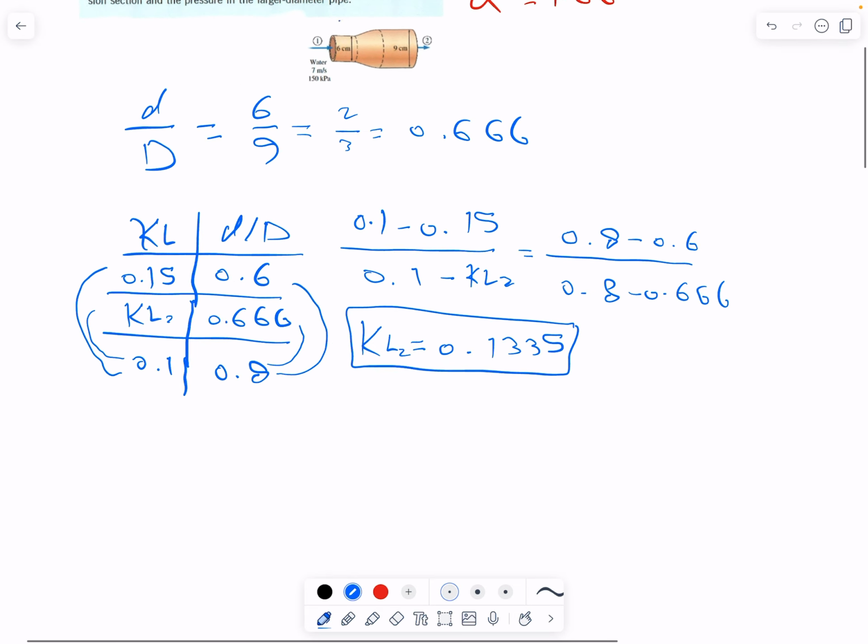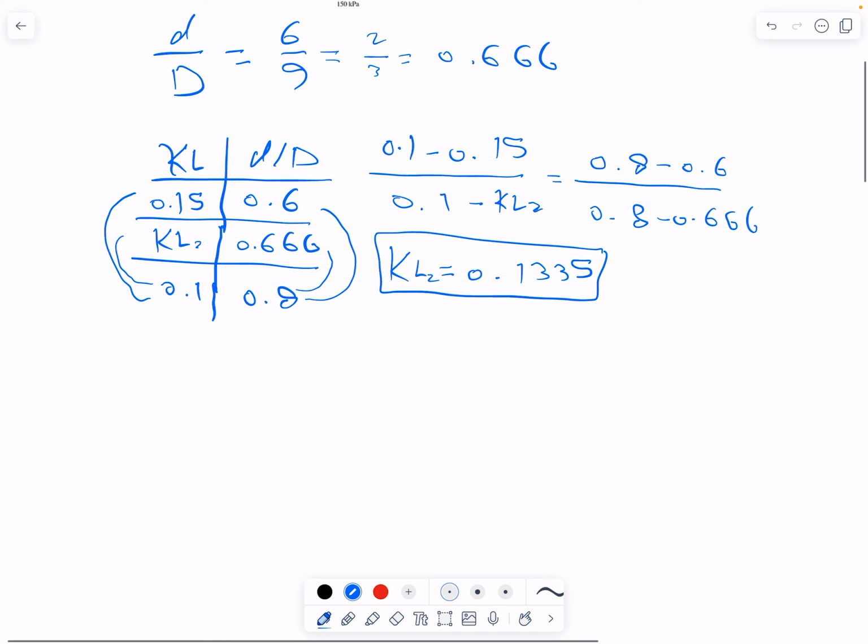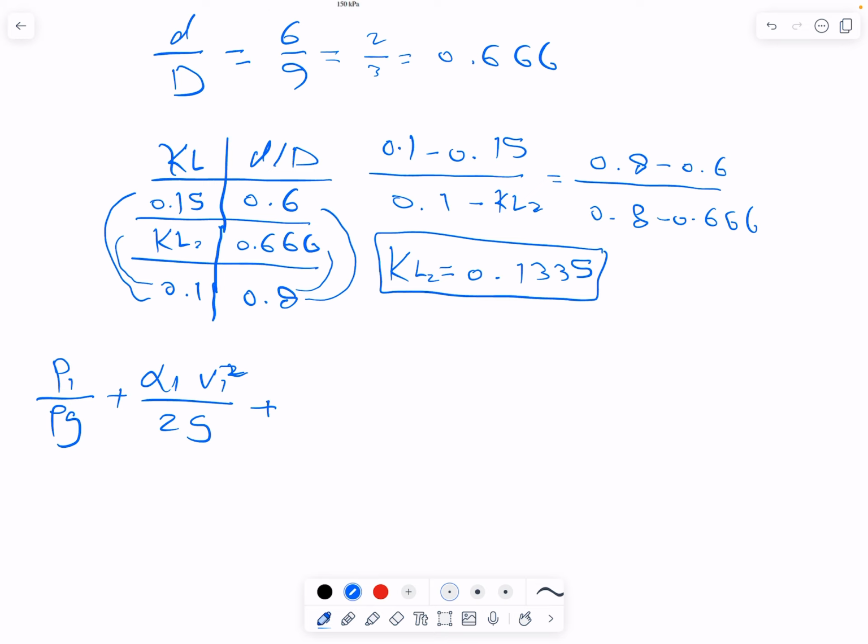Now we can carry on and use Bernoulli's equation: P1 divided by rho g plus alpha 1 V1 squared divided by 2g plus Z1 plus H pump U equal to P2 divided by rho g plus alpha 2 V2 squared divided by 2g plus Z2 plus H turbine E plus head loss.